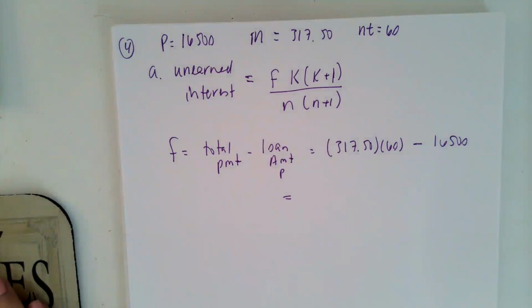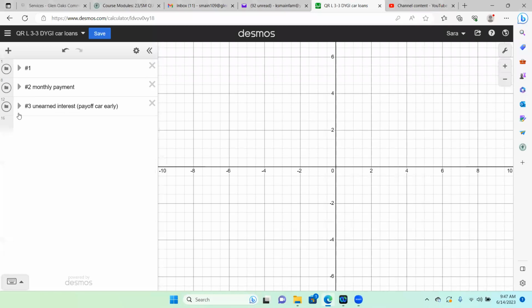So let's go to Desmos to do that. So you can see here, I already calculated the finance charge, which is $2,550. And then I filled in for us the unearned interest formula. So F is a finance charge of $2,550. 18 represents the number of payments remaining.